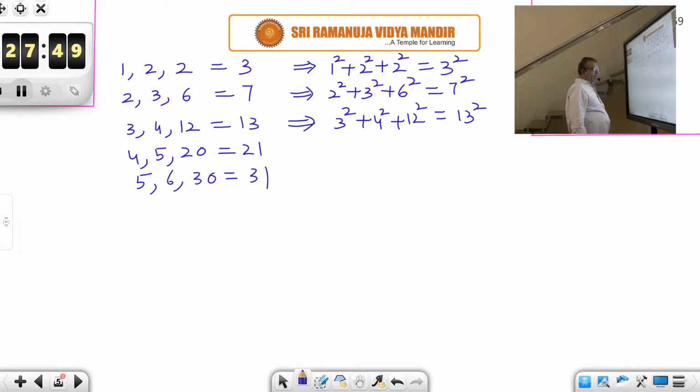Come on, Kunal. Sir, 6, 7, 42 is equal to 43. Correct. Next one also please tell me. Kunal. 7, 8, 56 is equal to 57. Okay, thank you. Somebody is raising their hand.